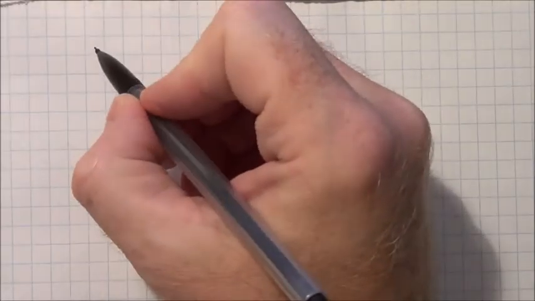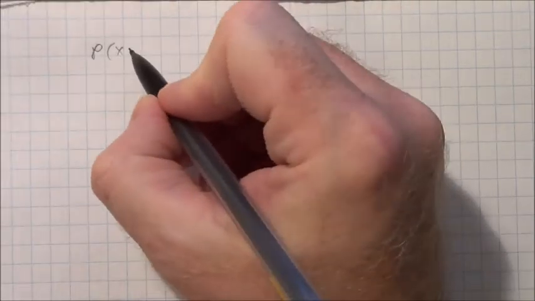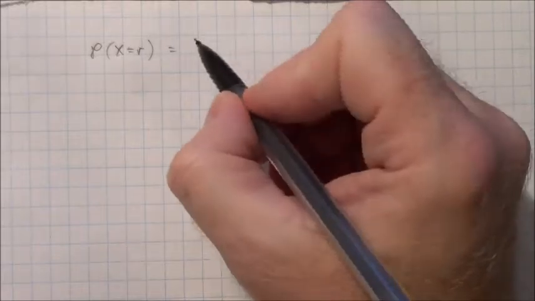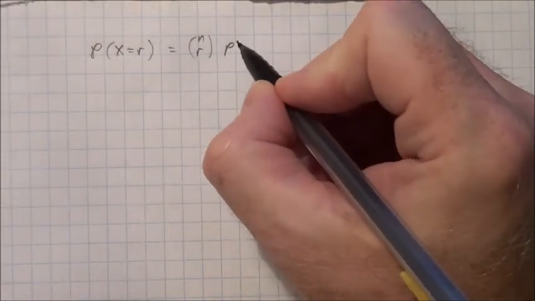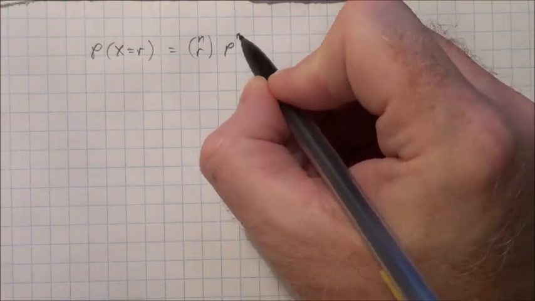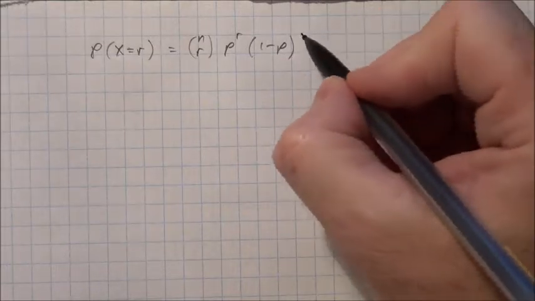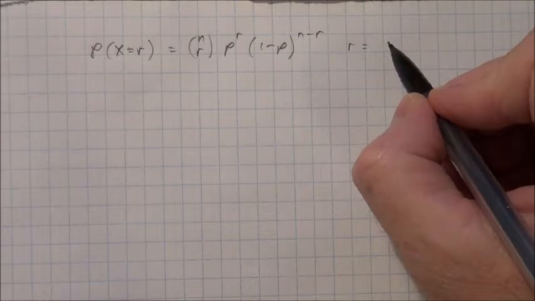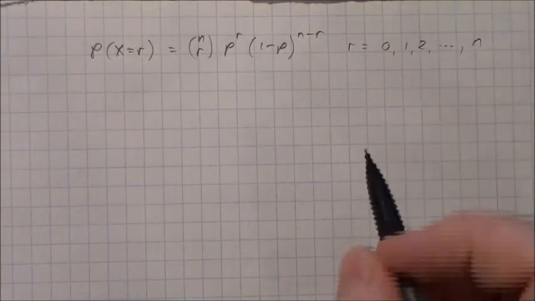To summarize, the probability distribution of some random variable X when it equals r is n choose r multiplied by the success p to the exponent r multiplied by the failure, 1 minus p, to the exponent n minus r, and r will equal 0, 1, 2, etc. up to n.